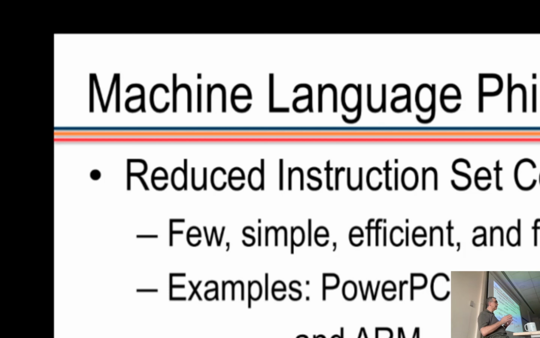The compiler creates a machine code file, and that file is loaded into memory, and it is executed from the machine language.